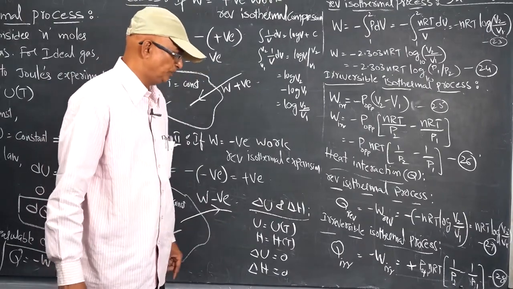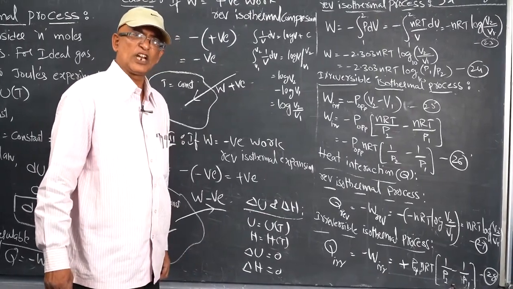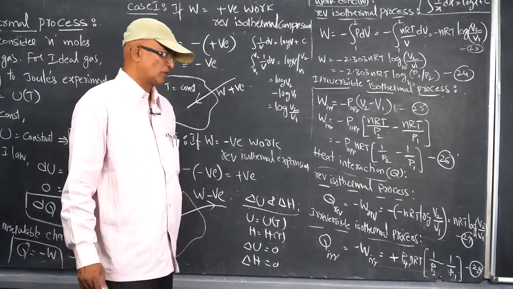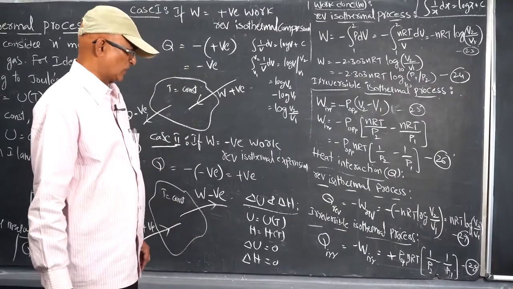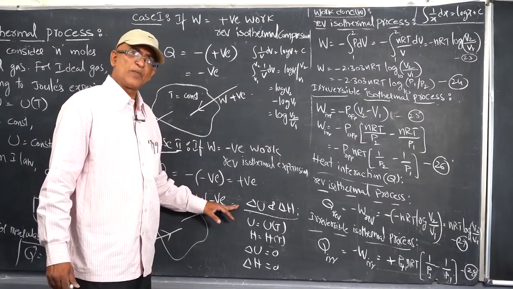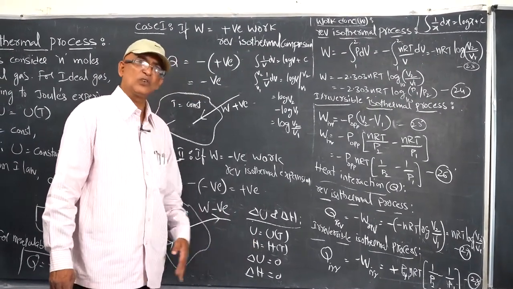For any process, whether an irreversible isothermal process or a reversible isothermal process, delta U is 0 always and delta H is 0 always.